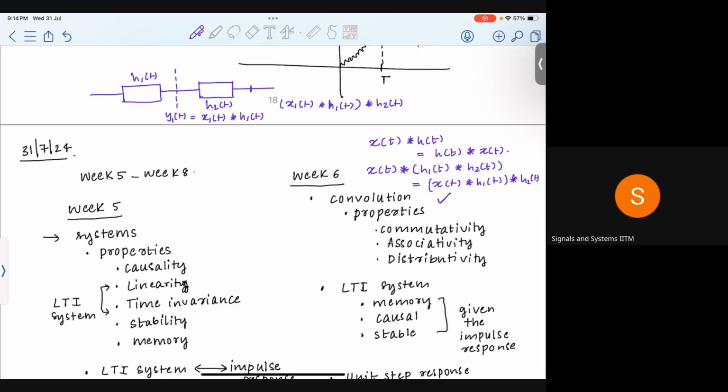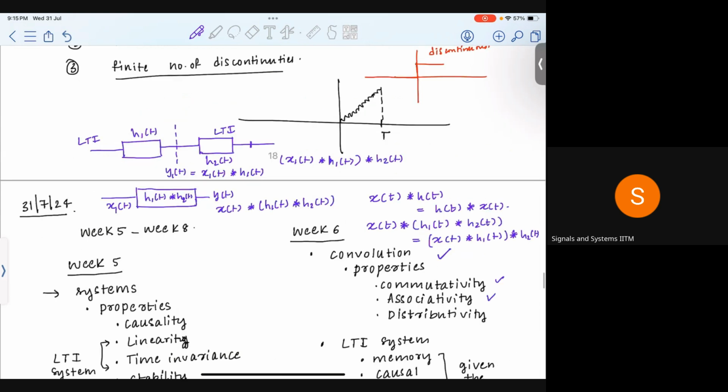This is the same as passing the input signal x1 of t into an overall system which has impulse response h1 of t convoluted with h2 of t. Then your output y of t would be x of t convoluted with h1 of t convoluted with h2 of t. So this is true for any LTI systems. That is what we mean by associativity.